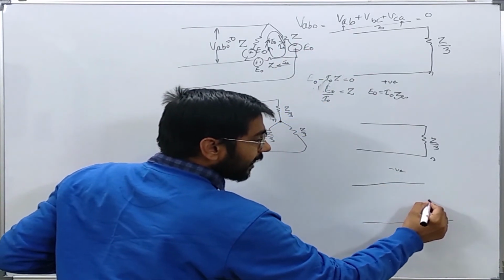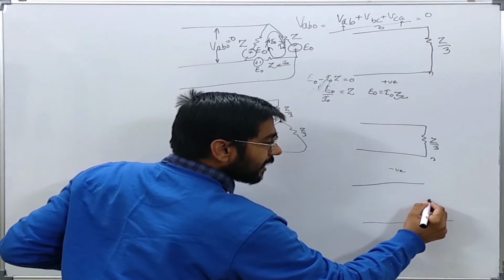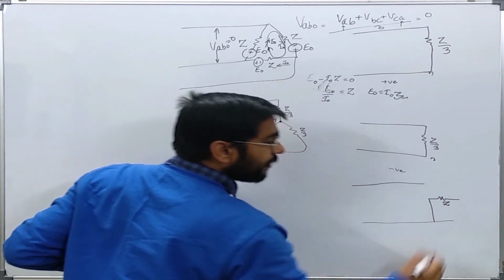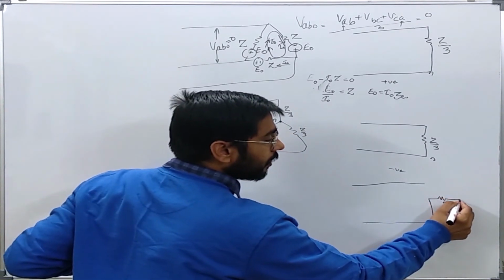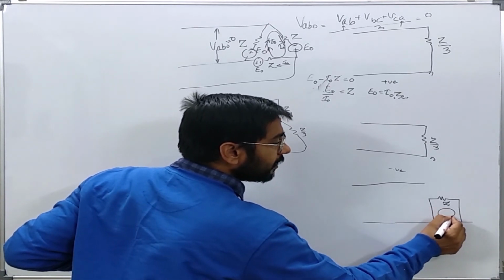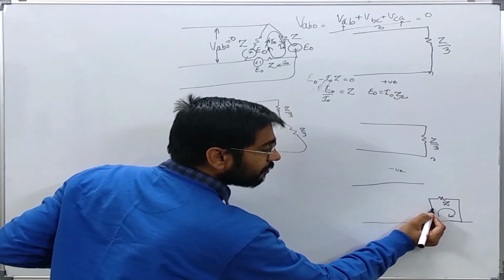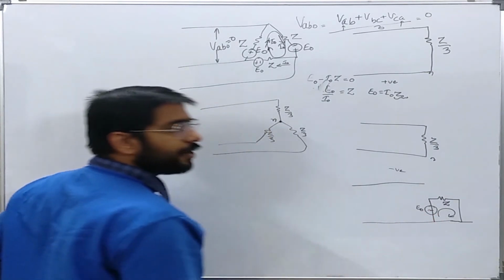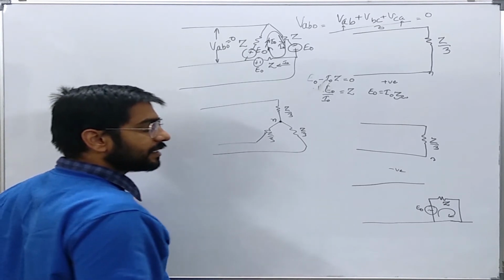So what I can show in the network is like this. This is the zero sequence impedance seen by the circulating current, and the circulating current will circulate in this only if somehow some zero sequence voltage drop is generated or induced into the delta branch.